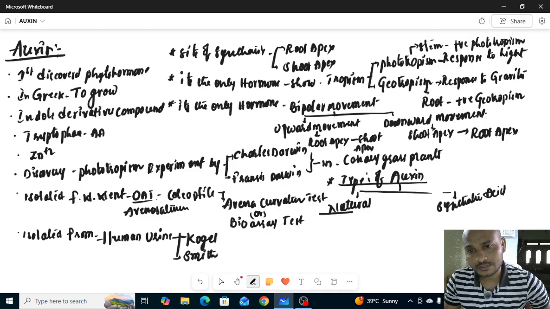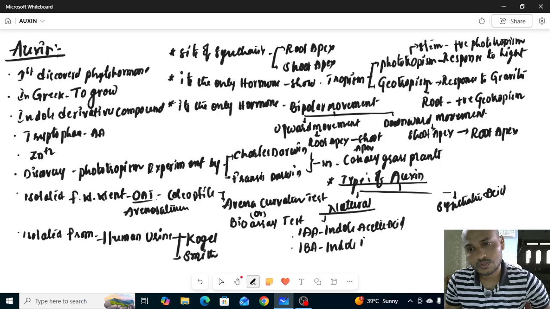Now coming to natural auxins. Natural means the plant itself synthesizes auxin. They are IAA, and one more is there, that is IBA. Here IAA means indole acetic acid. Second one is indole butyric acid.